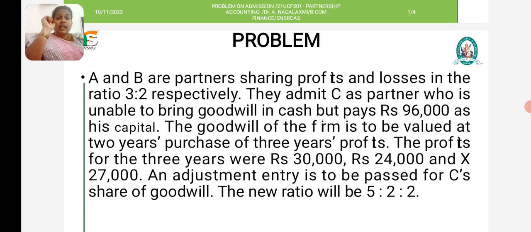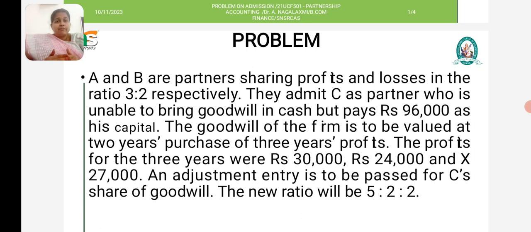We have to calculate the value of goodwill under the simple average method, because nothing is mentioned about the method of valuation of goodwill. So we are going to adopt the simple average method, and an adjustment entry is to be passed for C's share of goodwill.